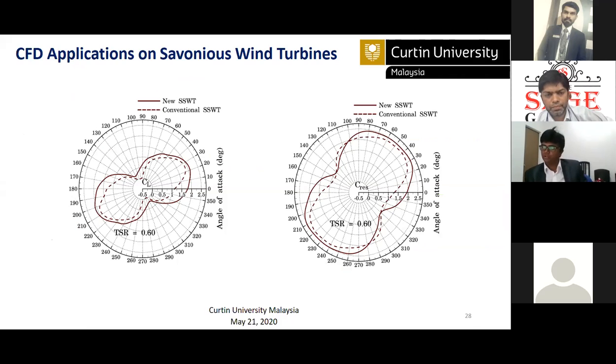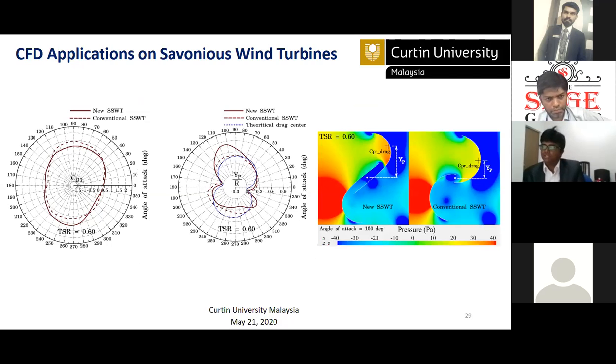Then we also studied the lift, how it contributes and how the lift coefficient varied. We tested for different wind speeds and different speed ratios, and we obtained very similar results. With increasing Reynolds number, the power coefficient improved a little bit, and we observed those things.